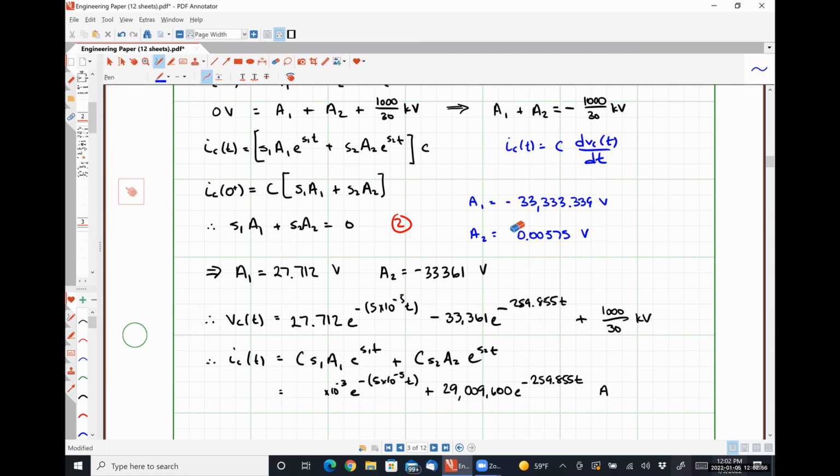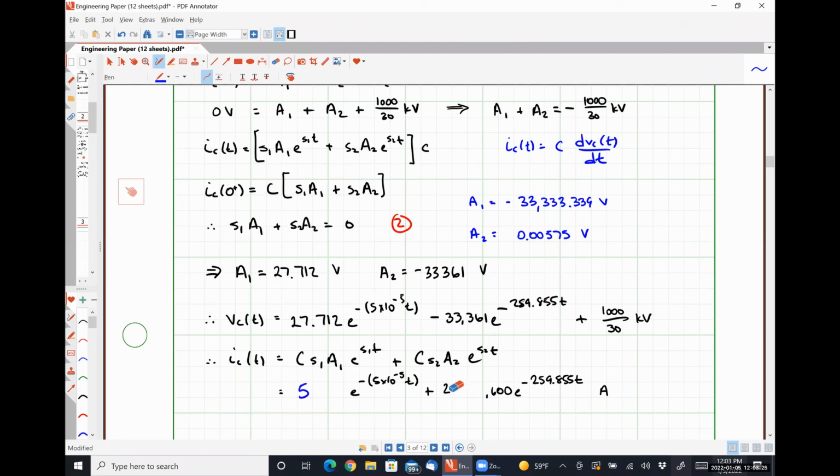So let's go back to it. C was 3, S1 was negative 5 times 10 to the minus 5, A1 is negative 33,333.339, which gives me really honking close to exactly 5. So I'm just going to call this 5.